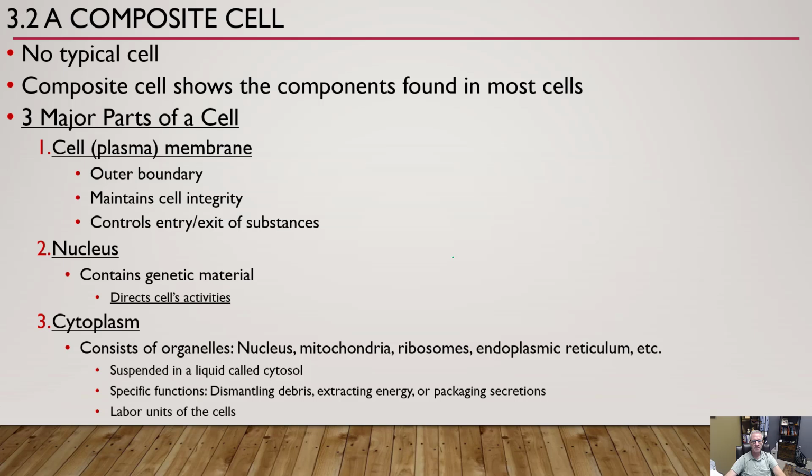Cytoplasm. Cytoplasm is kind of like all of the inside of the cell. We have the gel-like fluid called the cytosol, and then we have a bunch of organelles that we'll talk about in this chapter. You know, the nucleus, the mitochondria, the endoplasmic reticulum, the ribosomes, the scaffolding like the microtubules, your Golgi apparatus. All of those are organelles, and they're suspended in that gel-like fluid called cytosol.